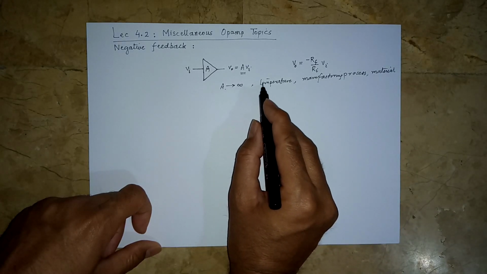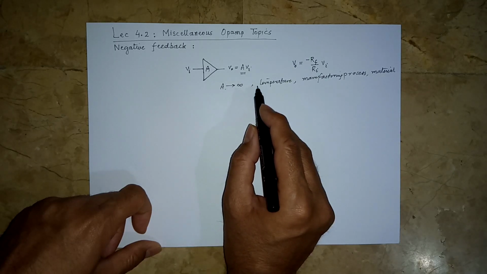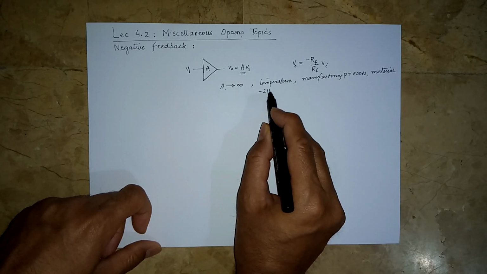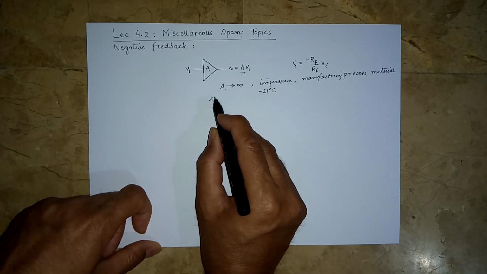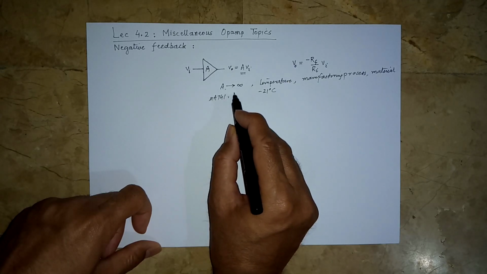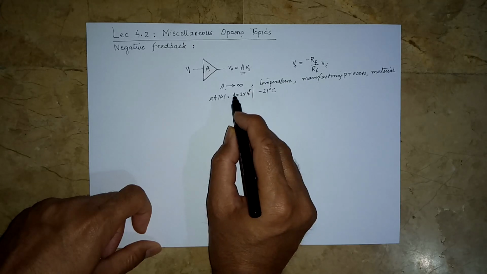So if the temperature changes, for example, a device that is using an op-amp is being operated at say minus 21 degrees centigrade, this A has a different value. For example, for mu A 741, the typical A is said to be 2 into 10 raised to power 5.